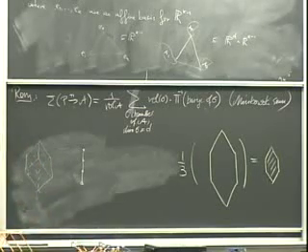Now, how can I make a bijection between these 6 triangulations and these 6 monotone paths?